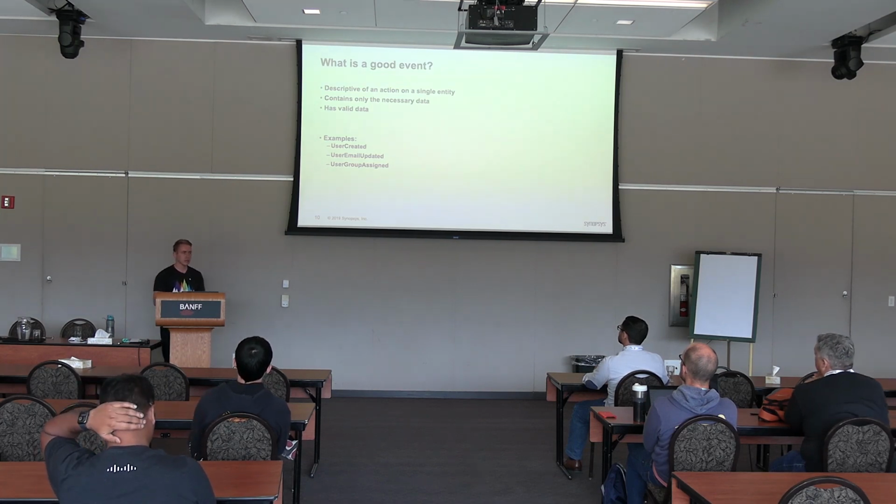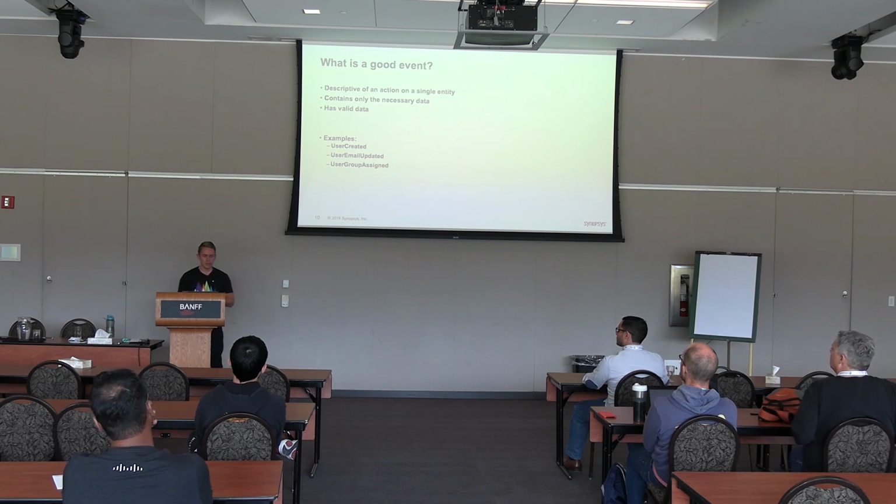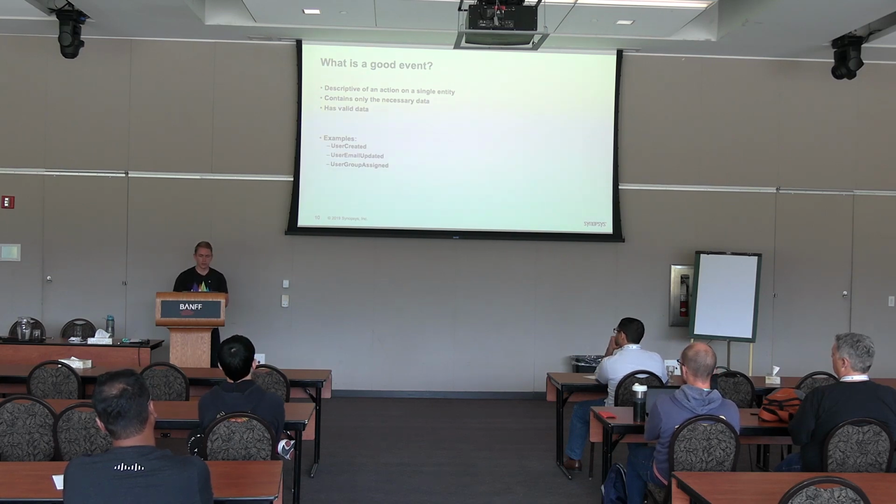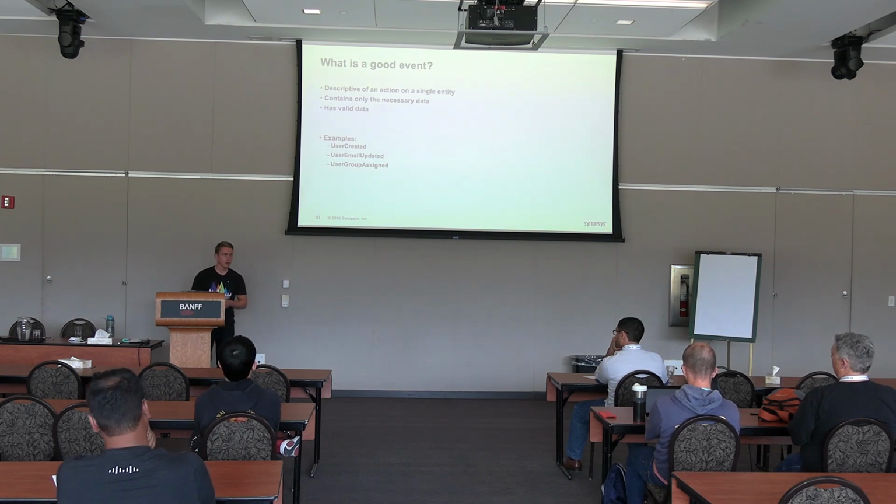It should only contain the necessary data. Beyond just being able to know what you're supposed to be acting on in the event, you also have to consider data storage as well, because these events are going to live on forever. This is an immutable data store that has an infinite retention policy unless you set up your own sort of archival strategy.